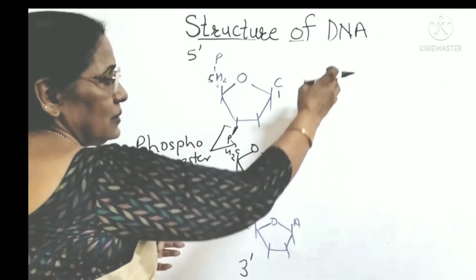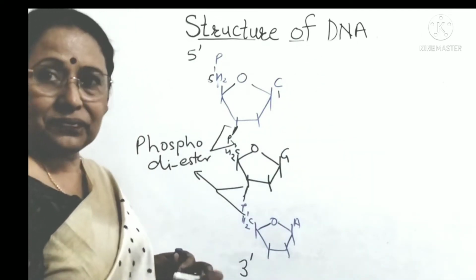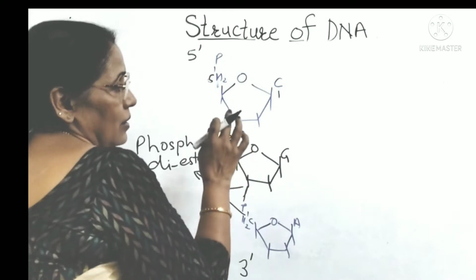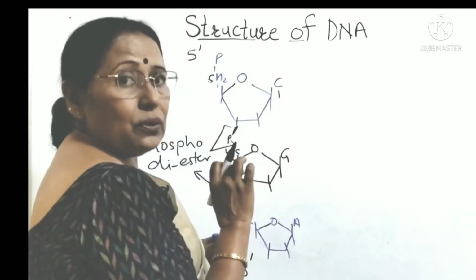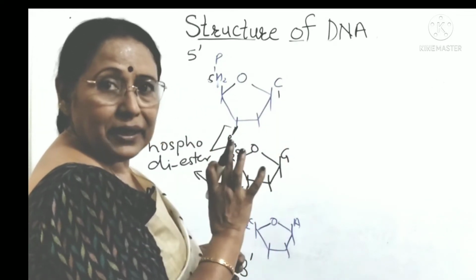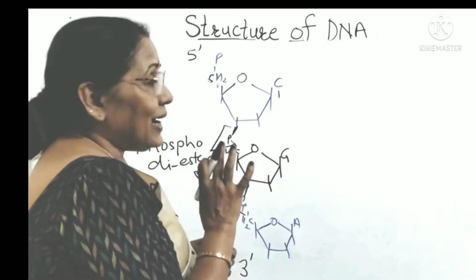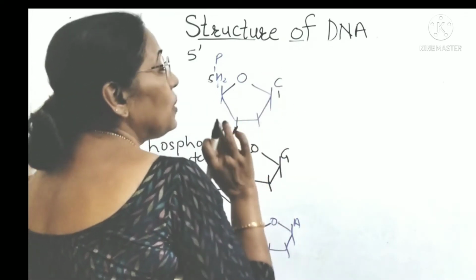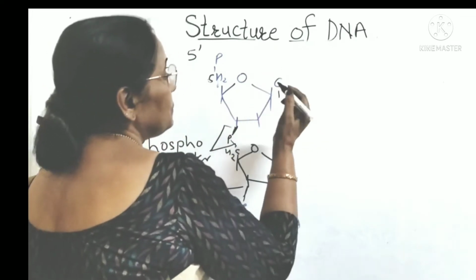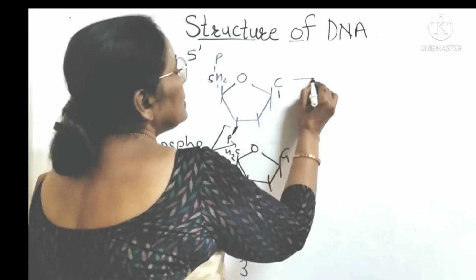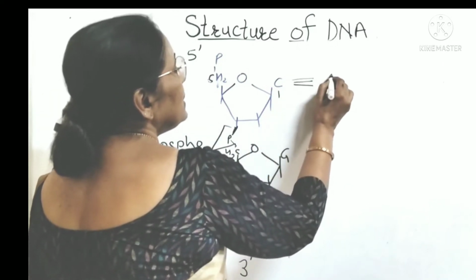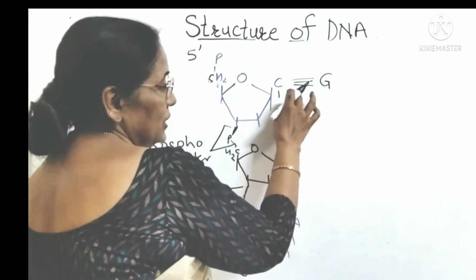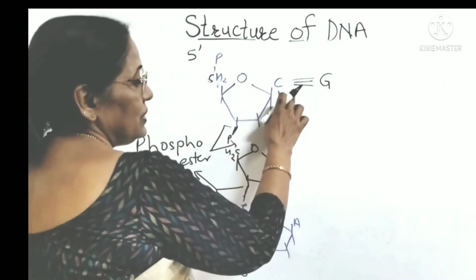Now the next strand of DNA. Watson and Crick knew that C always pairs with G. They found out that it joins by 3 hydrogen bonds.